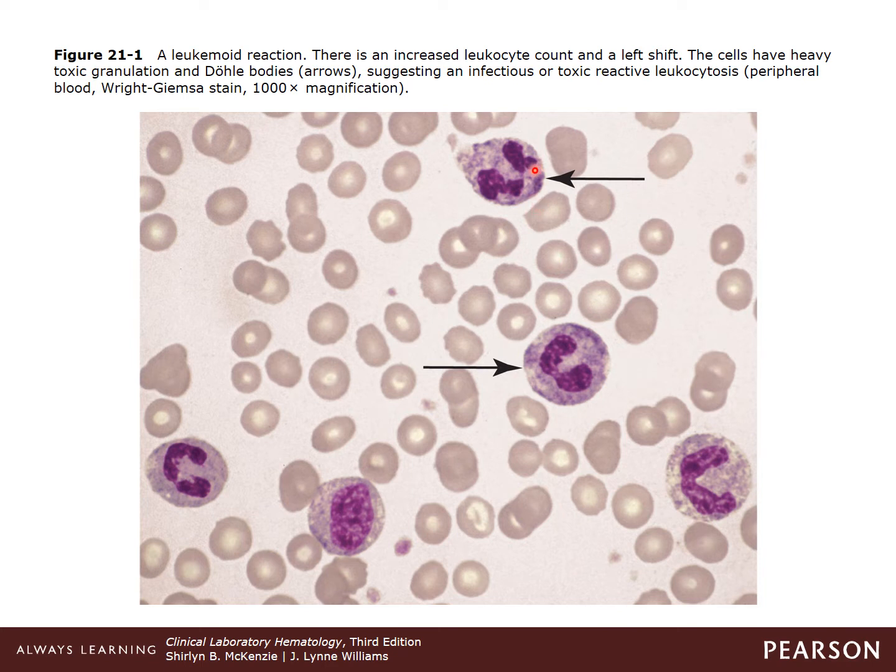And also you'll see Döhle bodies. Another classic sign cytoplasmically is vacuoles within the neutrophil. And we'll talk about that a little bit more in the qualitative changes within the neutrophil.